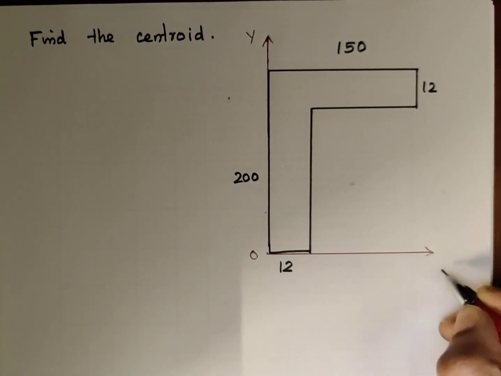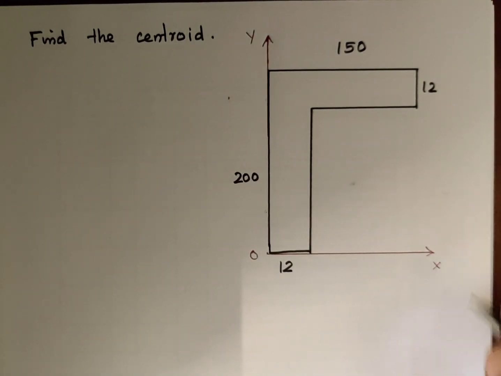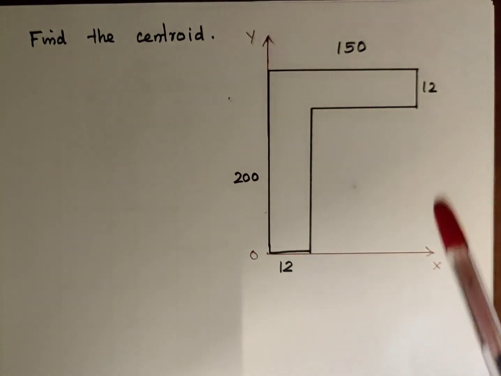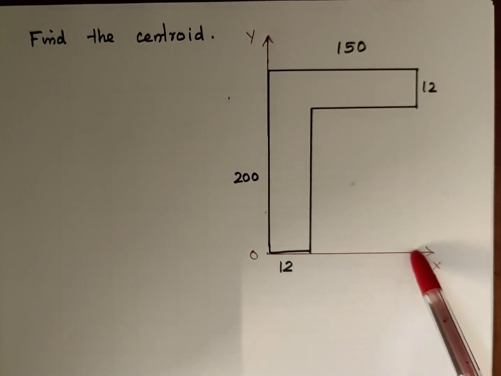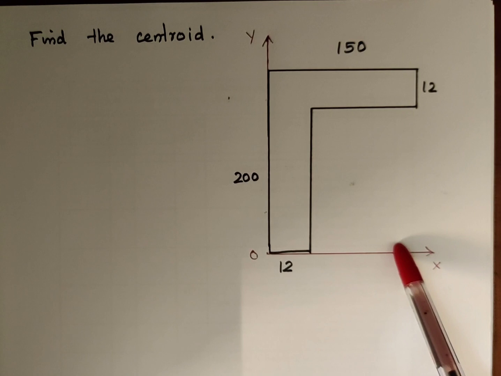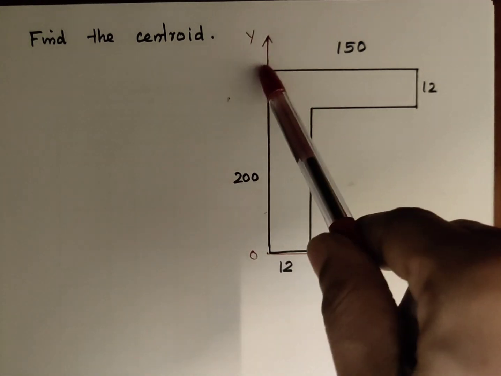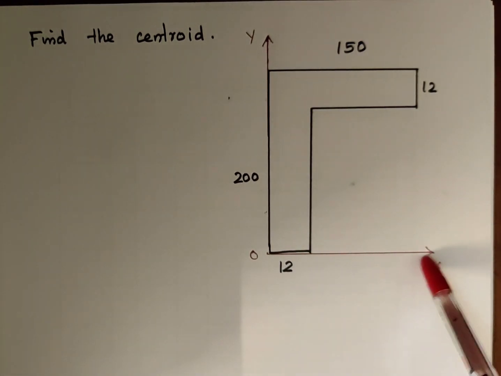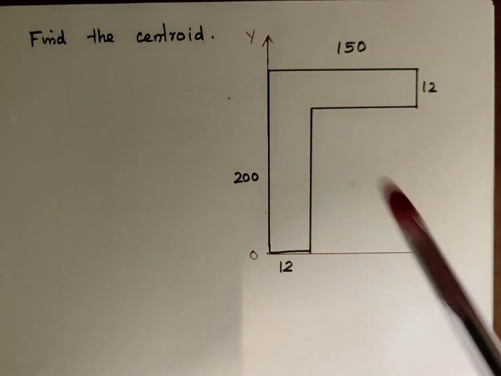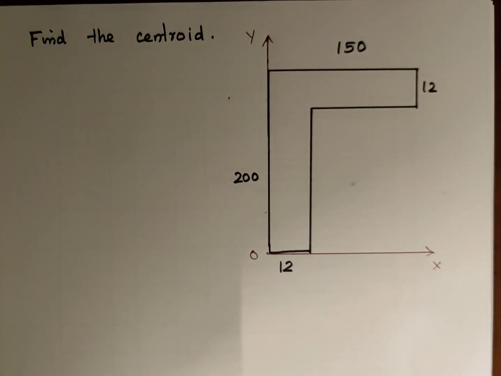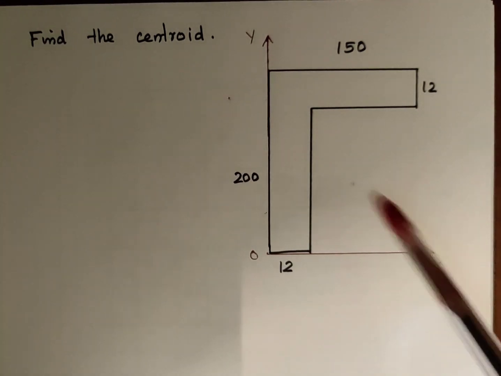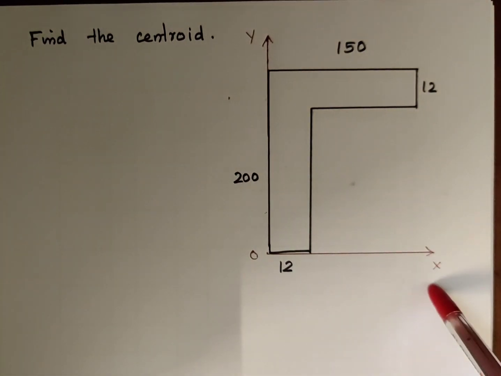The bottom line is marked as the OX axis. These two are known as the axes of reference. First of all, after getting the figure, you have to draw these reference axes. This will carry marks. If you don't mark these lines, you will not get one mark.